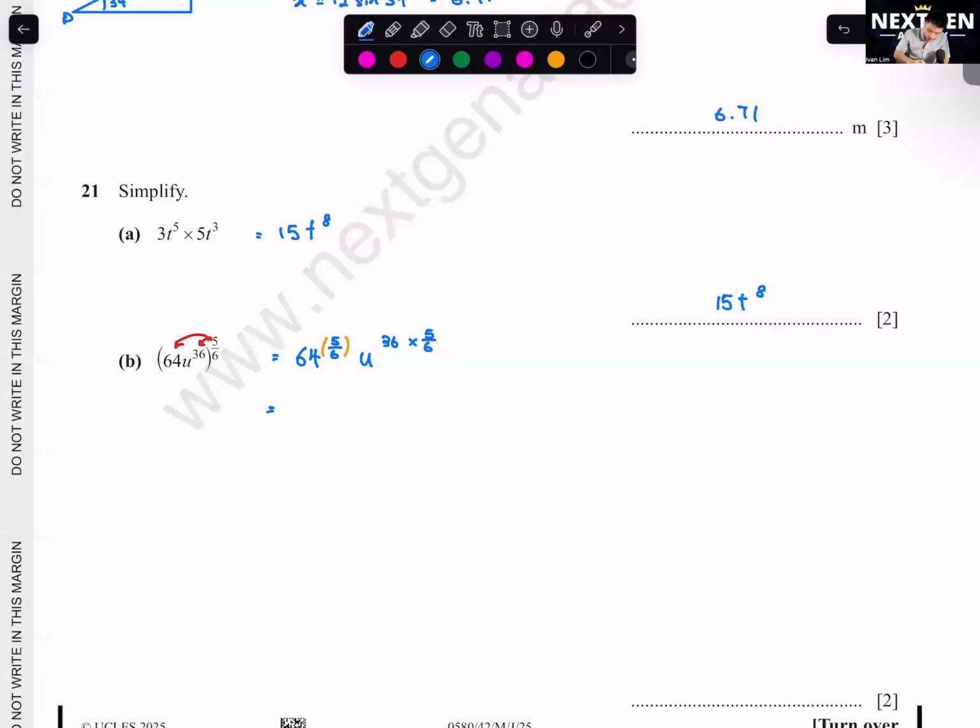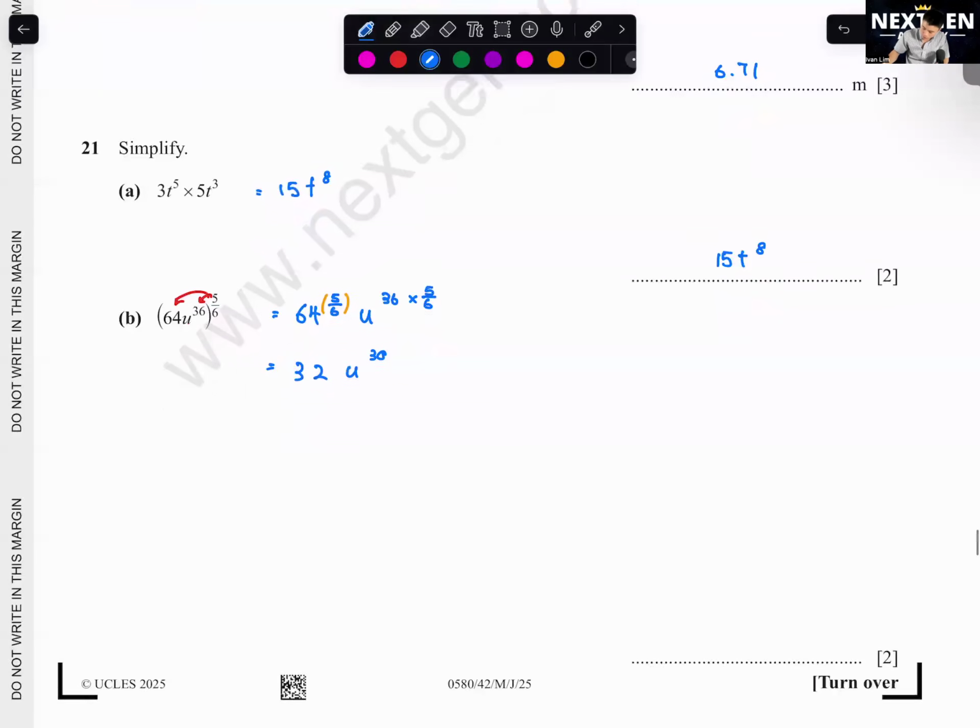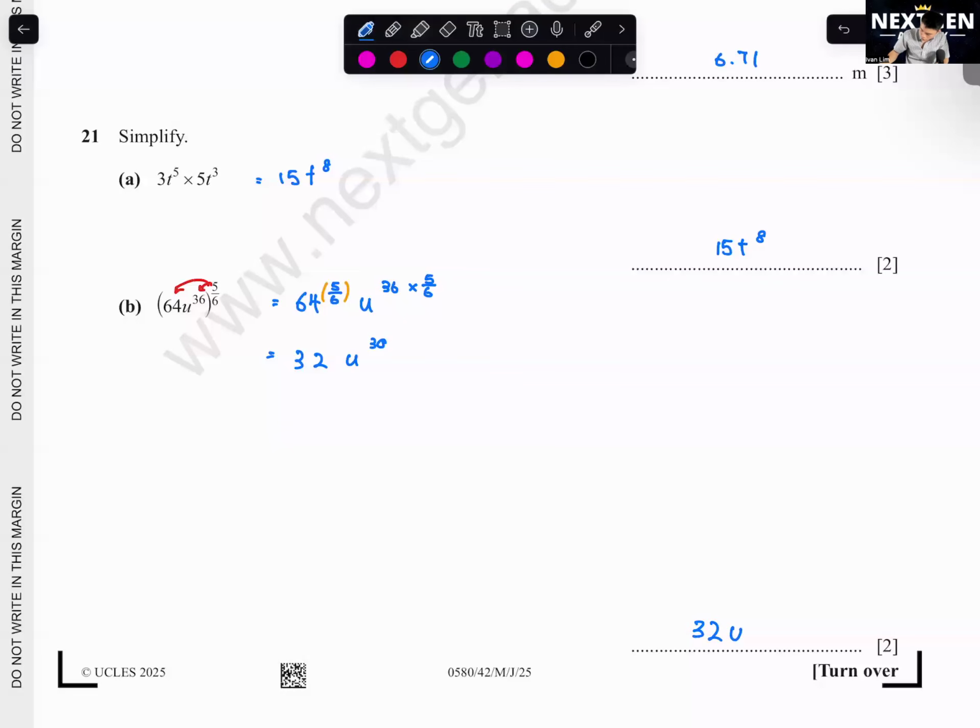You don't have to change it to root. Just type the whole thing in the calculator. You get 32. And 36 times 5 over 6, you just get 30. So 32 u to the power of 30.